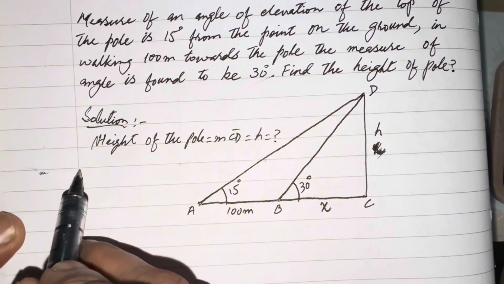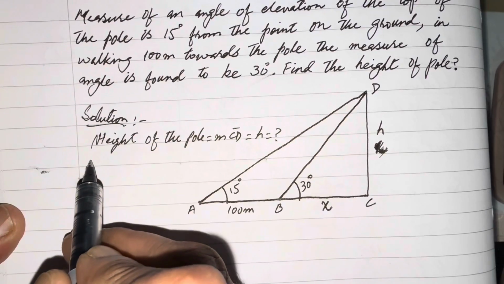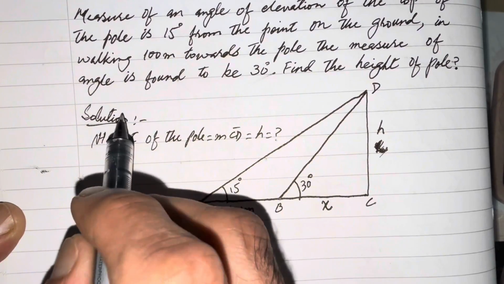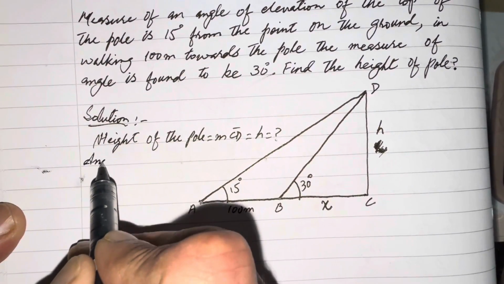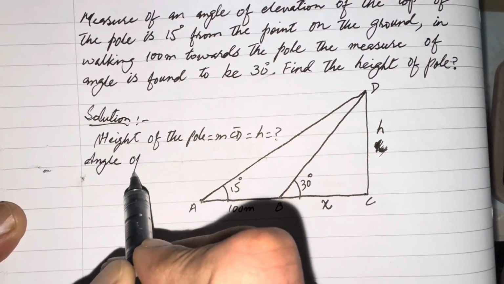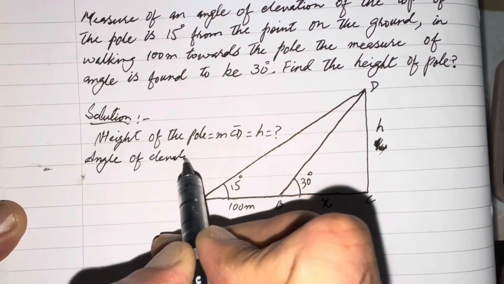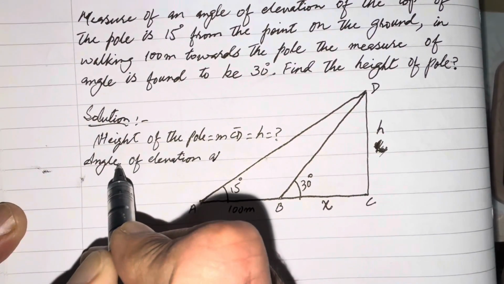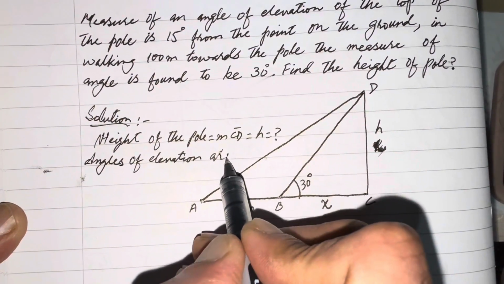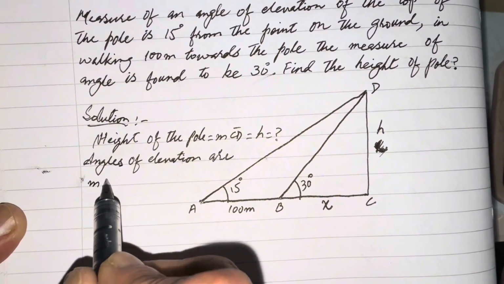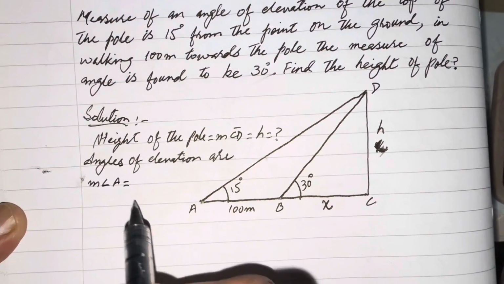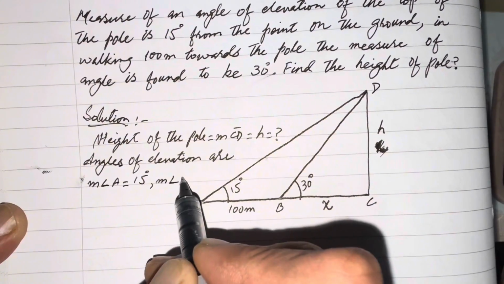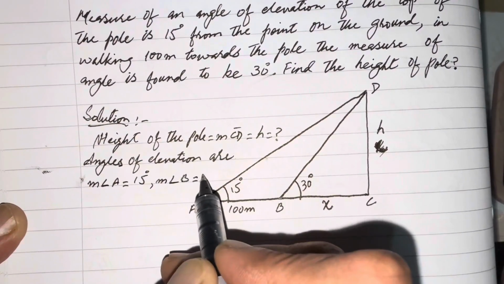The second piece of information according to the statement is the angles of elevation: the measure of angle A is equal to 15 degrees, and the measure of angle B is equal to 30 degrees.